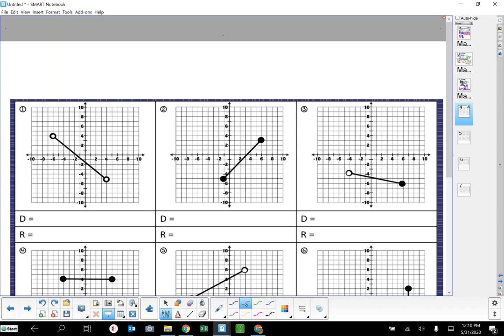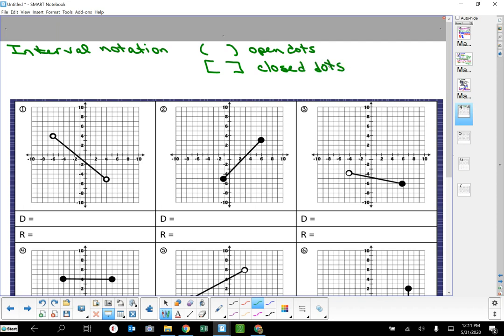So, interval notation. Recall that you used open parentheses for open dots and brackets for closed dots. And you used parentheses for positive or negative infinity.